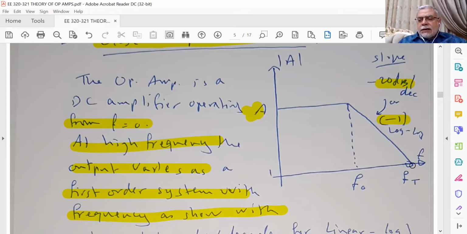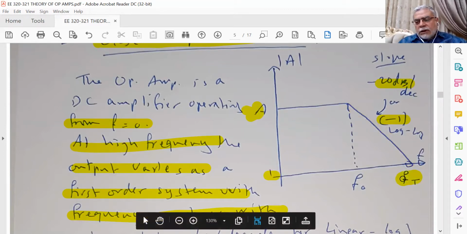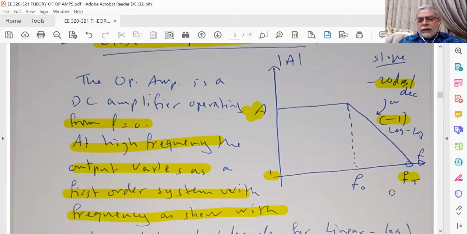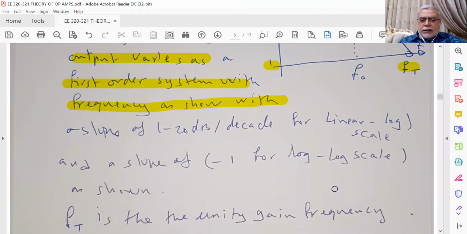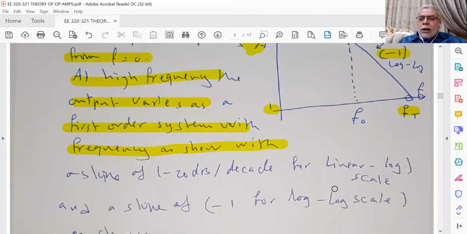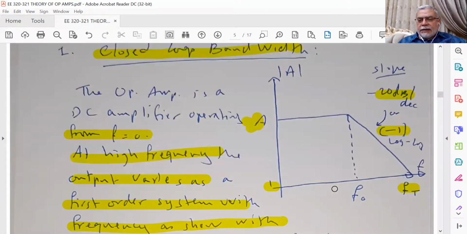So if we take this variation until a frequency called ft, at which the gain becomes equal to 1, called the unity gain frequency. This unity gain frequency is a characteristic of the amplifier, and it is part of the characteristics in its datasheet.